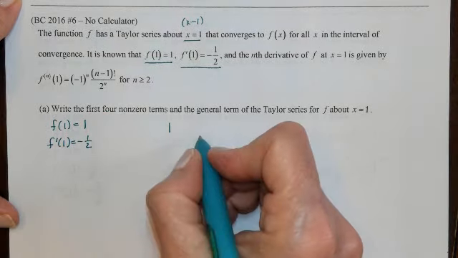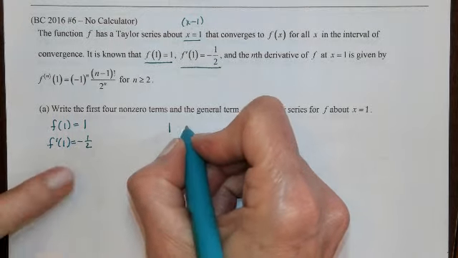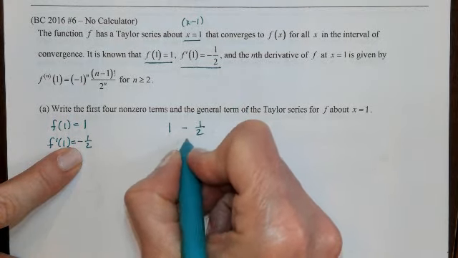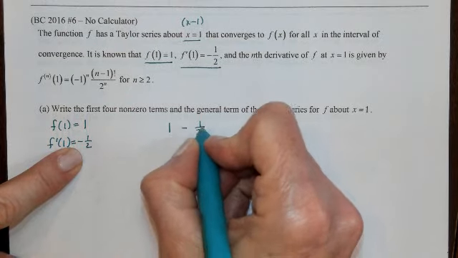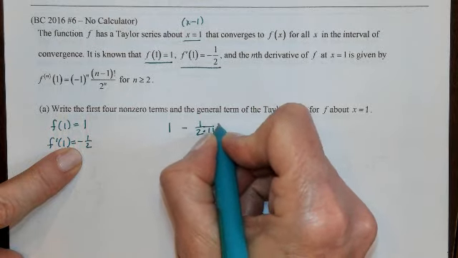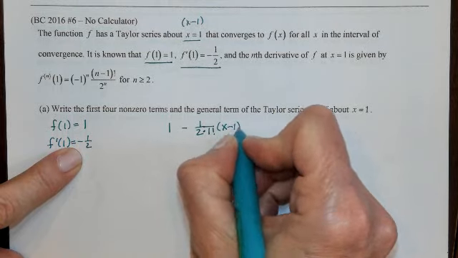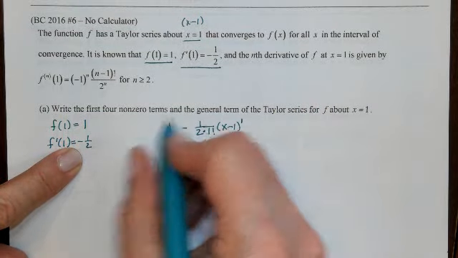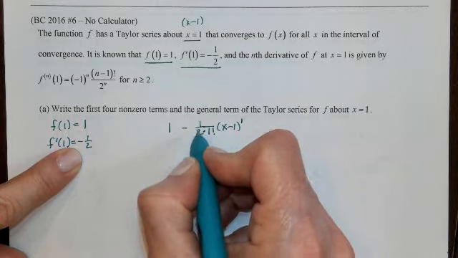So my second term in the series will have this negative 1/2 in it. It'll be negative 1/2 divided by 1 factorial, which is the same thing as multiplying by 1 over 1 factorial, times x minus 1 to the first. And that will be my second non-zero term.